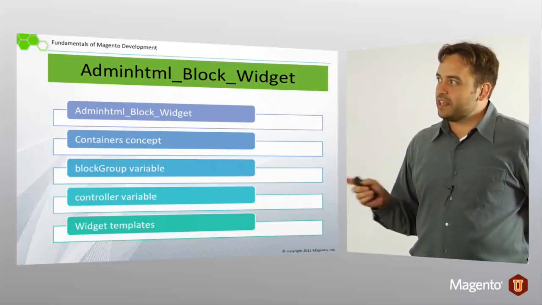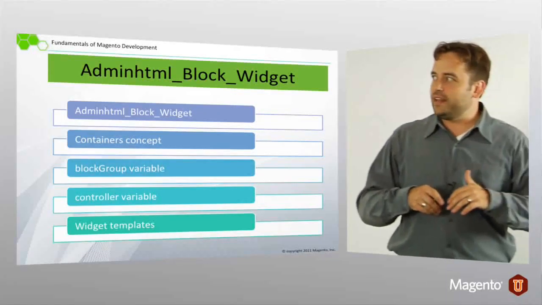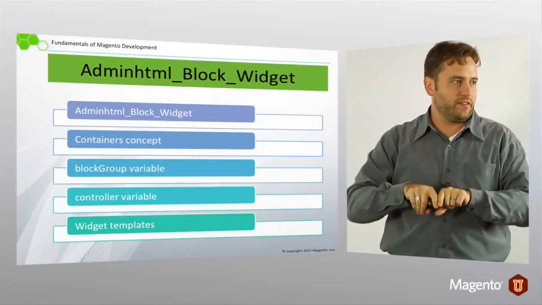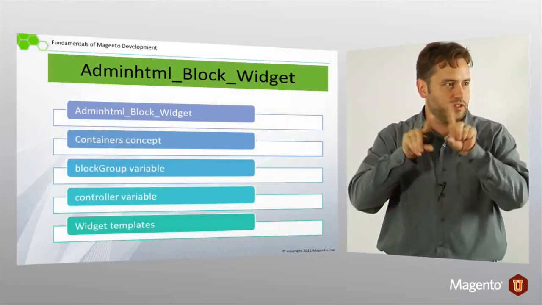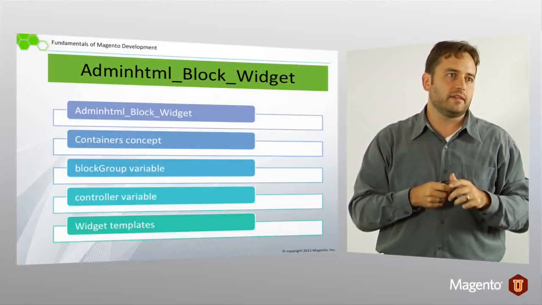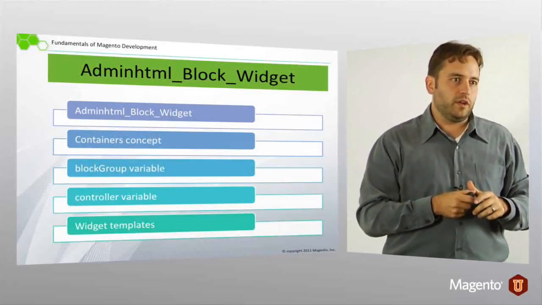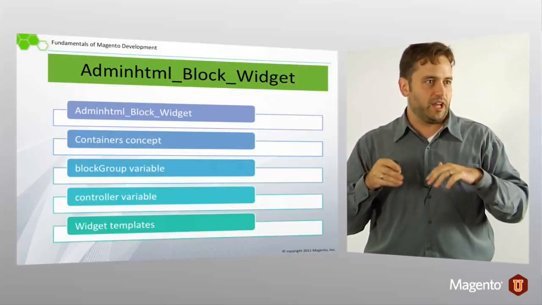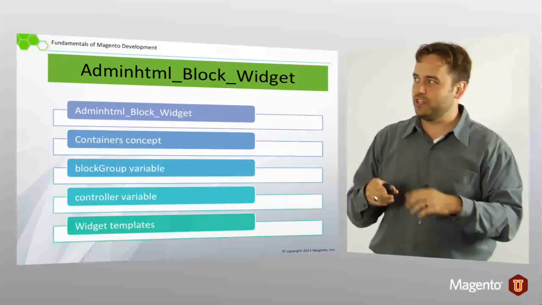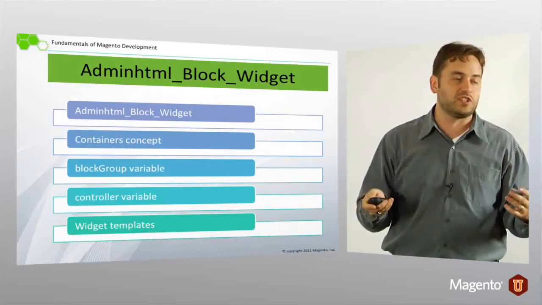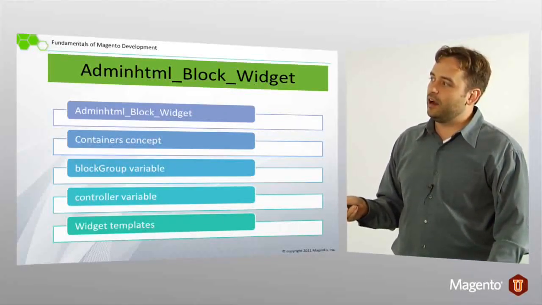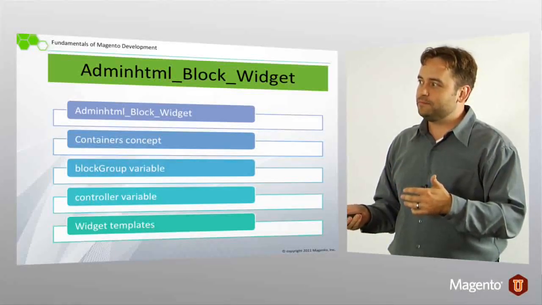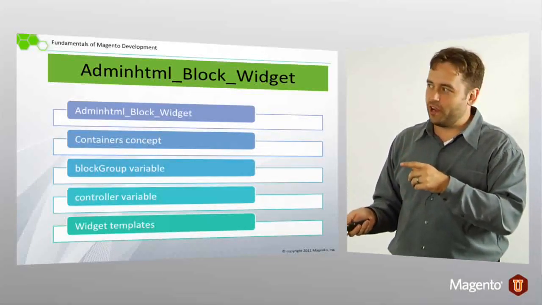So the big thing to get in your mind is that the admin pages are all just containers, and then containers for containers, and containers for containers. And we're dealing with, in a similar way as with the front end with blocks, well, we have these containers that contain each other. And in order to use this system, we have to define a block group variable, and we'll look at these other items here in just a moment.